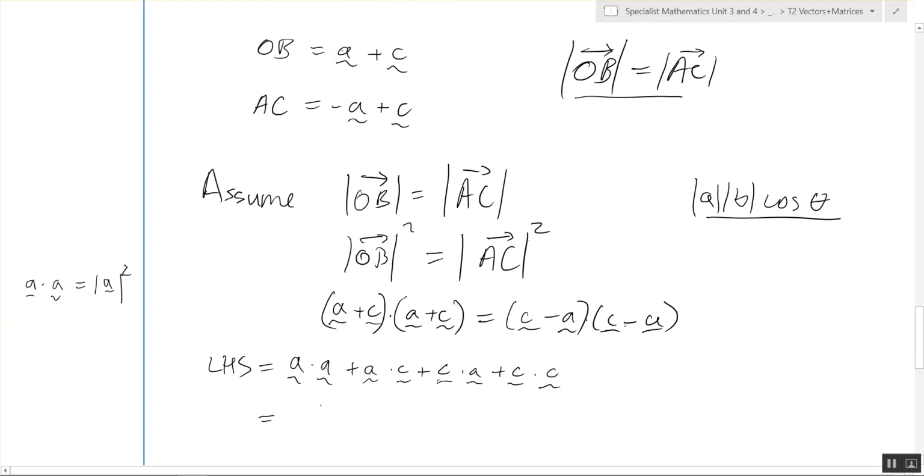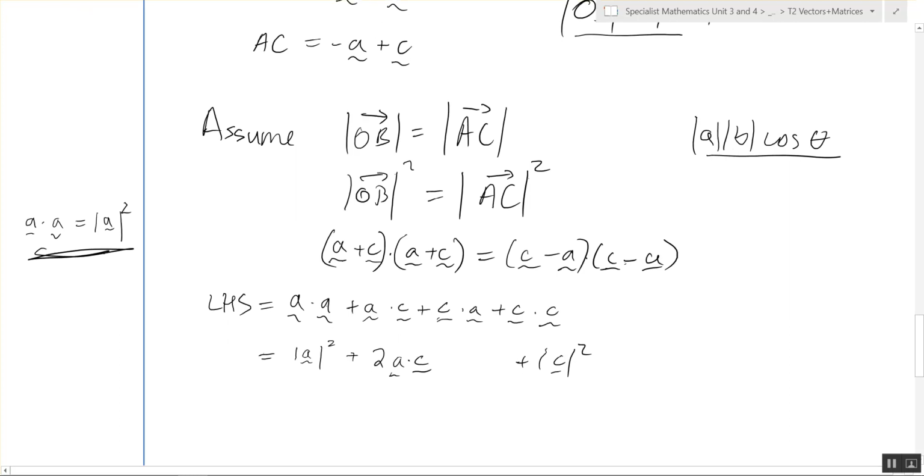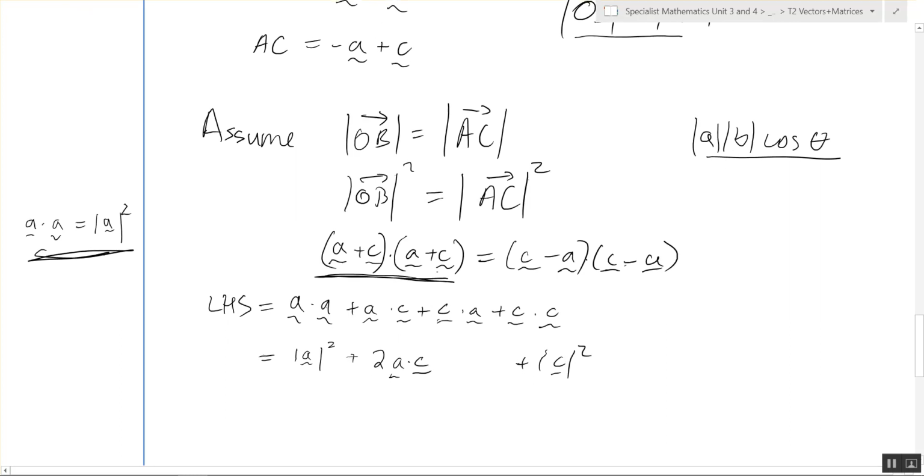So this becomes a dot a, which is the magnitude squared, a dot c, c dot c. We have 2a dot c. That's the left-hand side. The right-hand side is very similar.